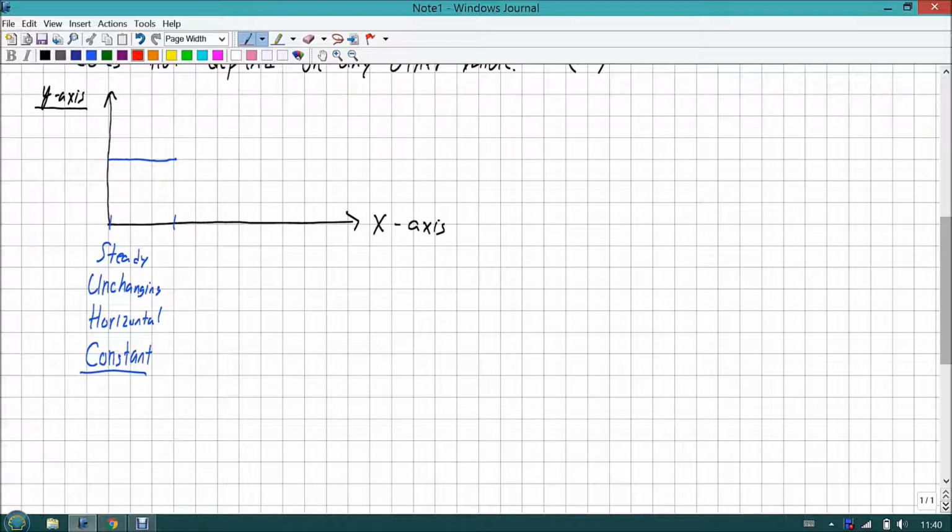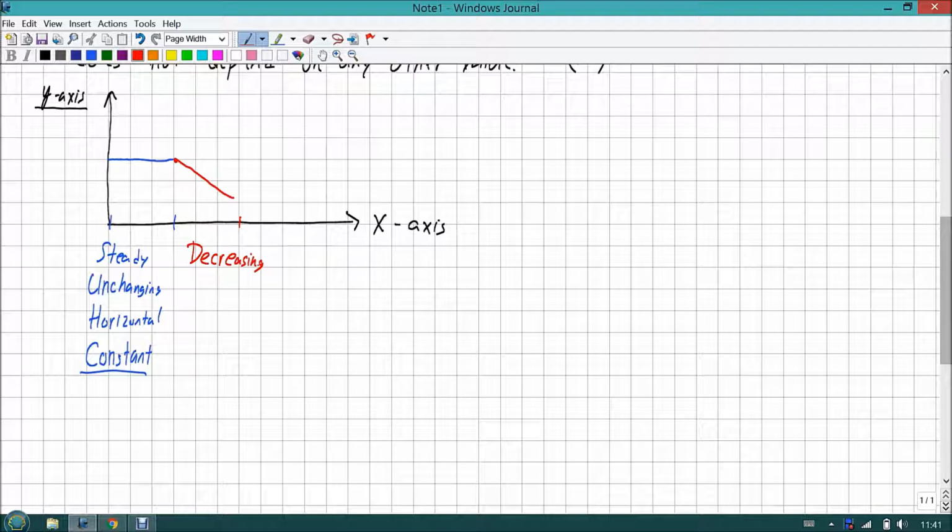And then sometimes the graph goes down, and sometimes it goes down at a steady rate. So from there to there, we would say that this would be decreasing because its value is going down.